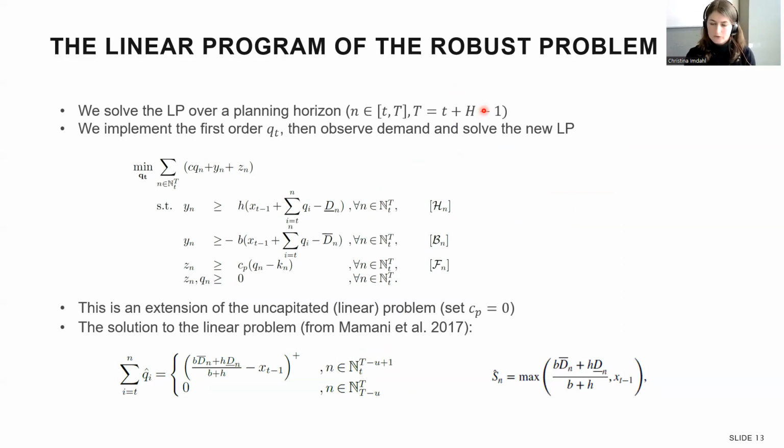And then we find the optimal solutions, but we only employ the order quantity for the current period. So we only implement Qt, the robustly optimal order quantity for the current period. Then we observe the demand, and then we solve the next LP. So this is the implementation of a rolling horizon.